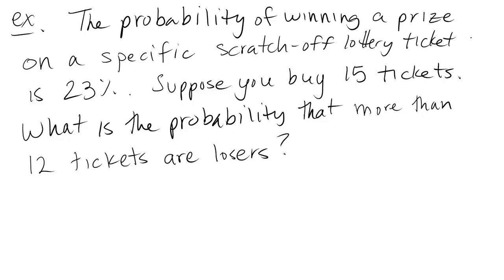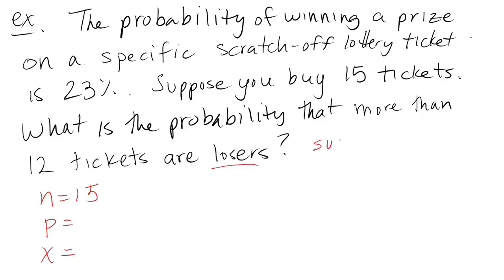This experiment is binomial because we have a fixed number of trials. We're buying 15 tickets, and in each trial it's either a winner or a loser. So we've got the characteristics of a binomial experiment that I ask you to check for. N is 15. P and X are dependent on what you consider to be a success. And again, I know there's a temptation to choose P to be 0.23 because that's the probability that's given. But I want you to notice that we're counting up the losing tickets.